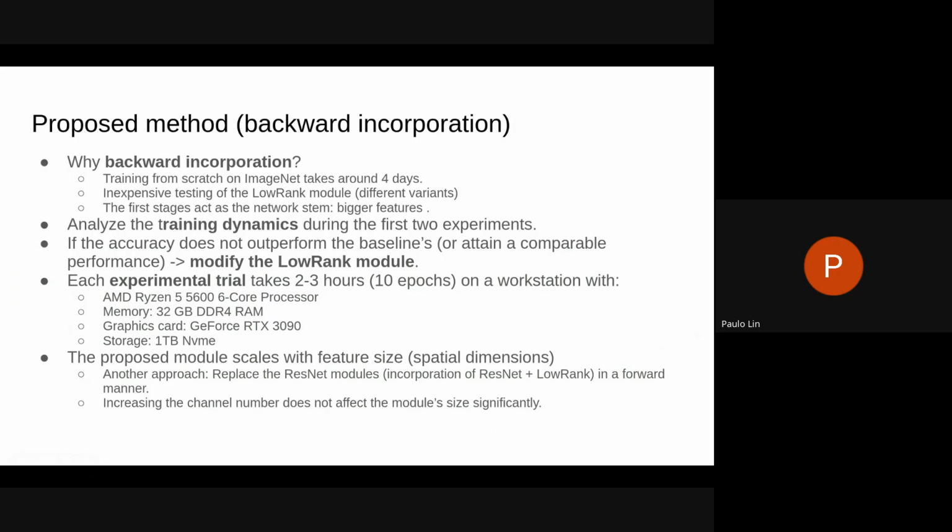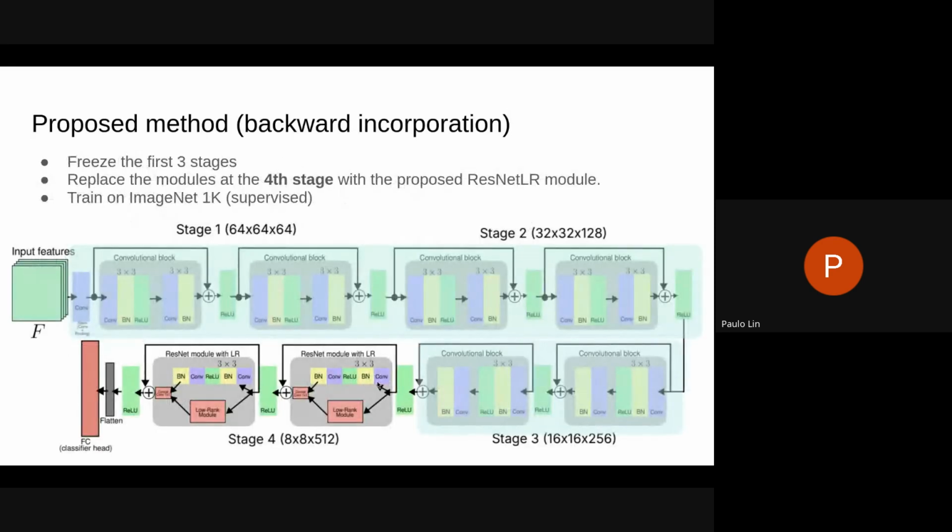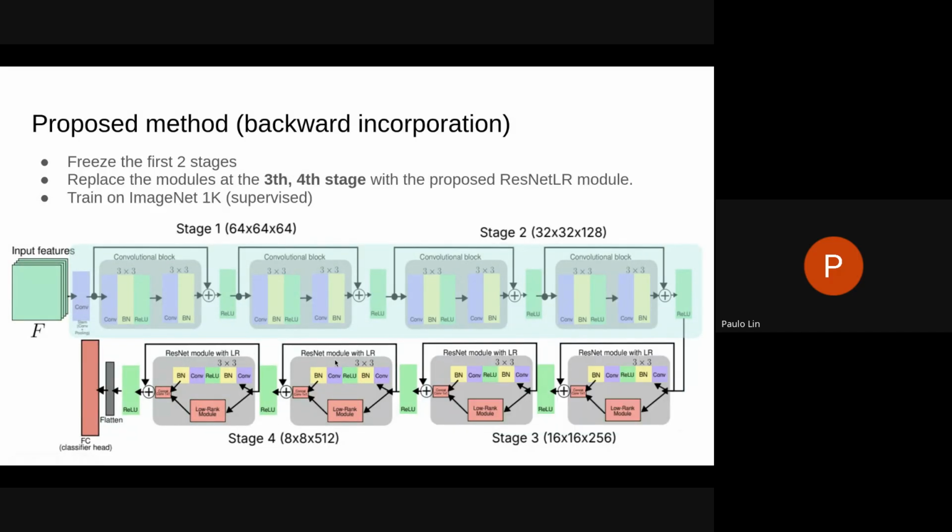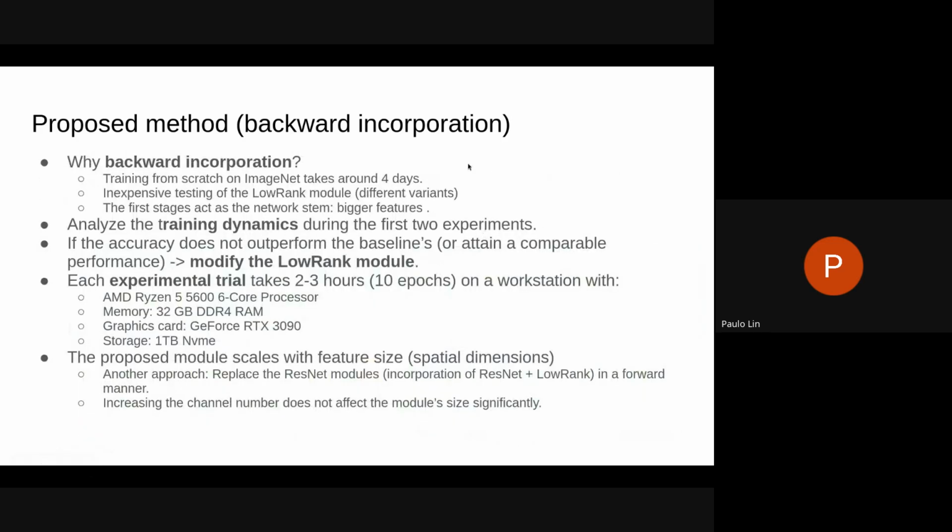And the reason for using backward incorporation is that training from scratch, for instance, if I want to train this backbone with all the stages, if I use the same block for all the stages, pre-training is going to take around 4 days. Also, when I employ backward incorporation, the testing of the block I'm proposing is inexpensive.